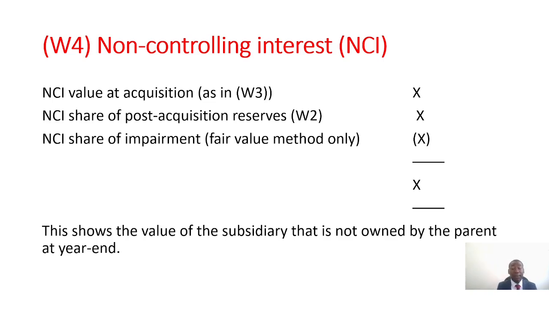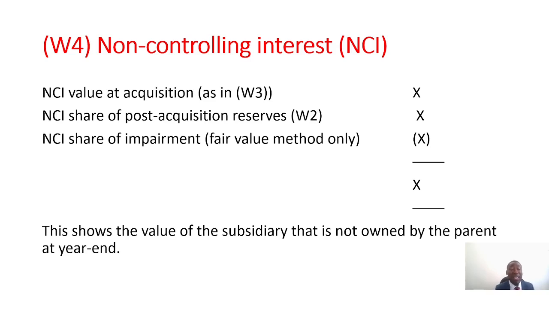But in my slides, I had put step 4 as non-controlling interest, where you simply get the value which you had calculated, or the value which is in the notes, which is the NCI value at acquisition. You get it there, then you get the NCI of post-acquisition. That working 2 which you did under net asset at acquisition, that's the one you get, and you simply apportion it with the one which you're not controlling.